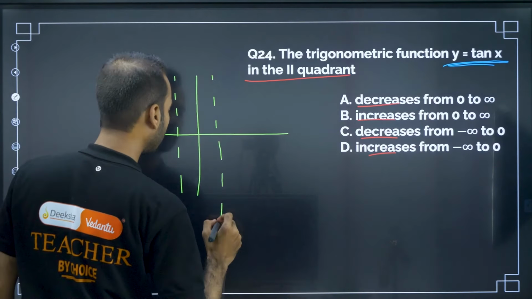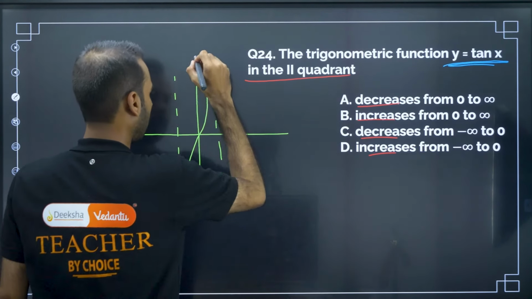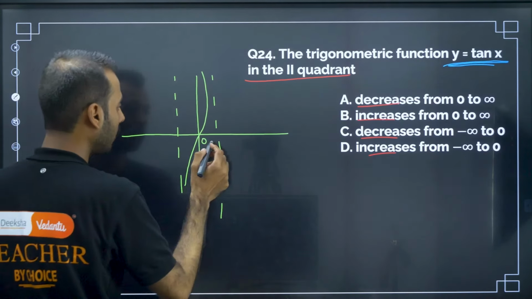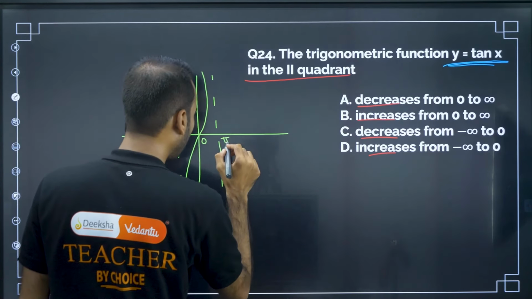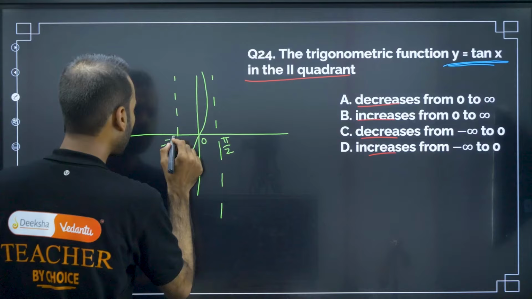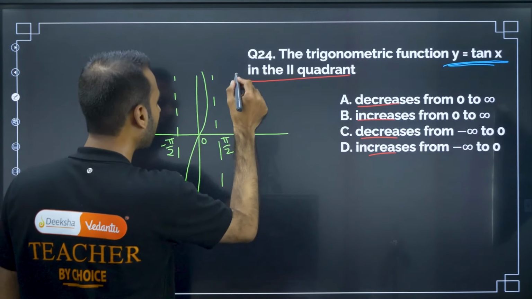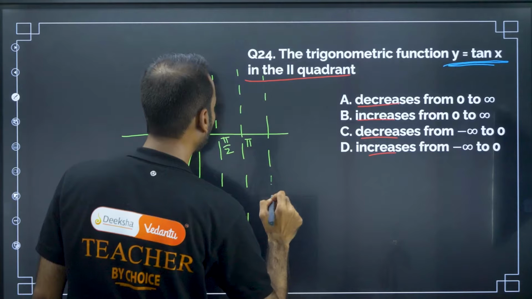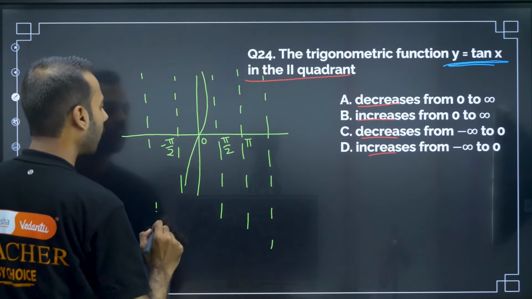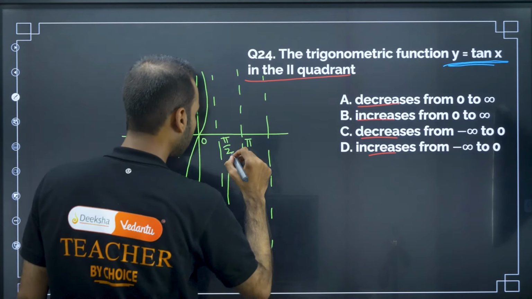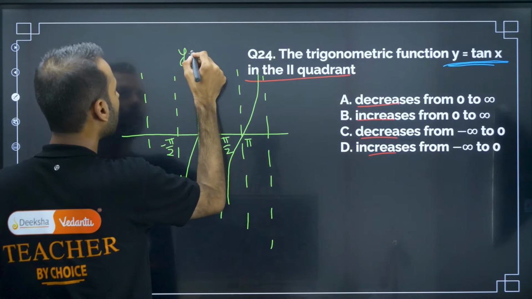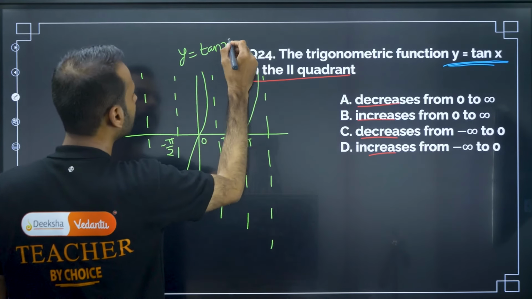This is 0, this is pi by 2, this is minus pi by 2, and so on.